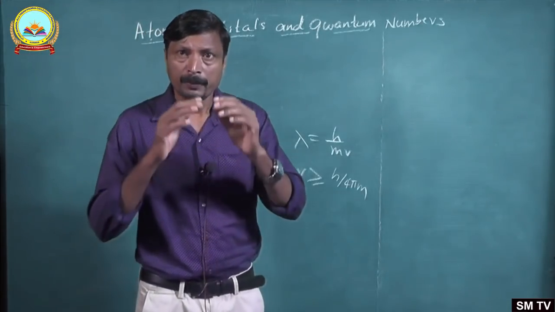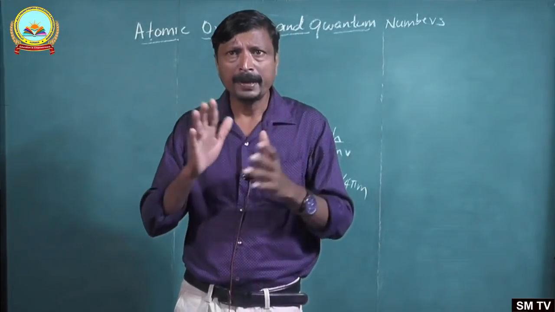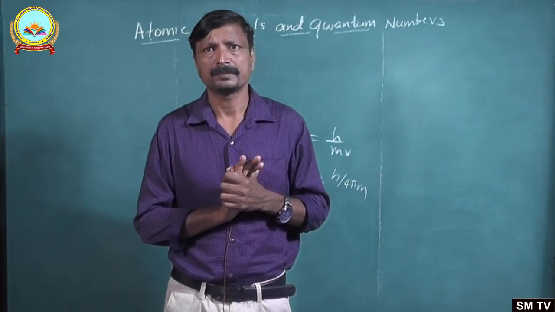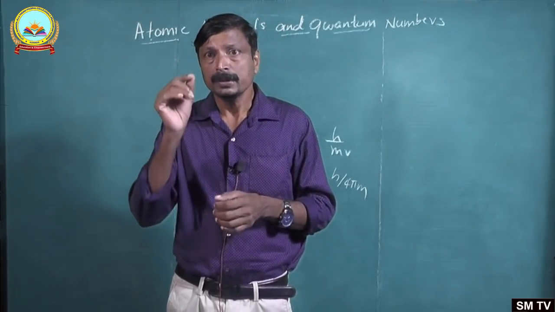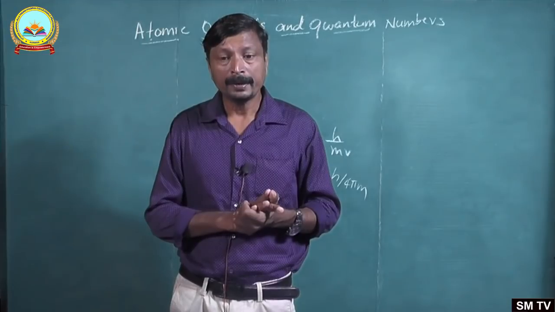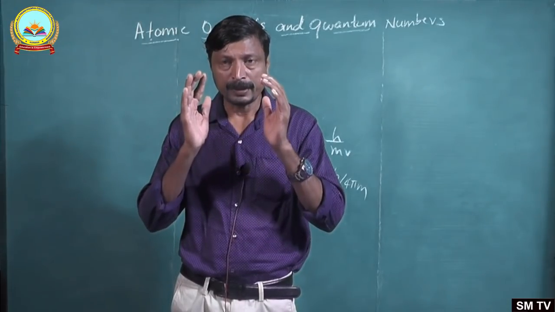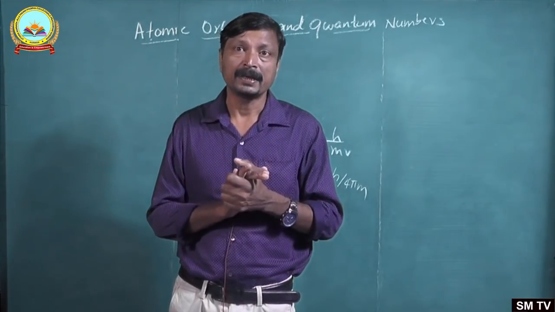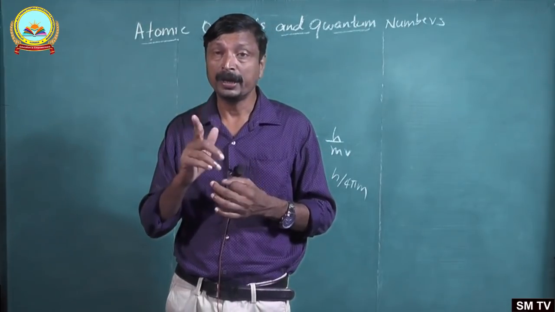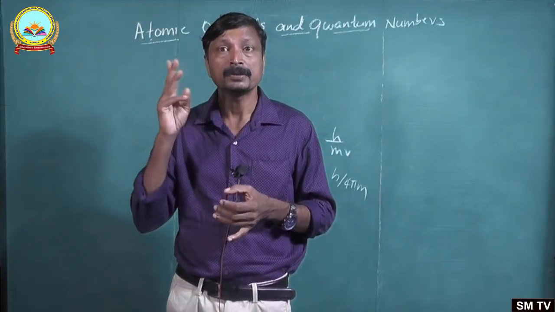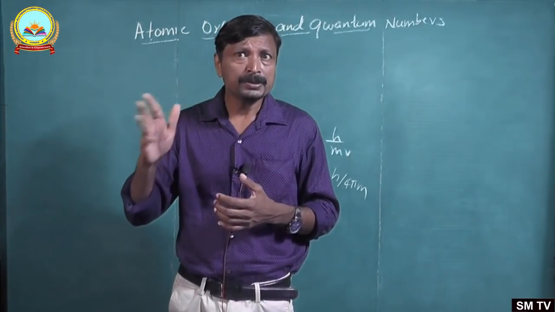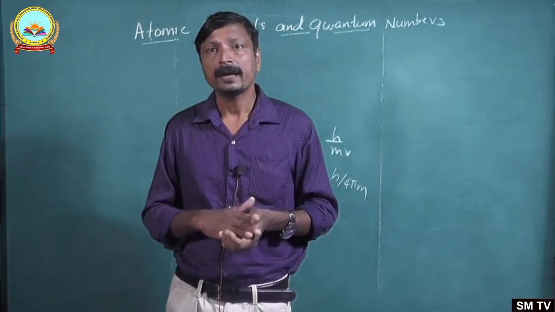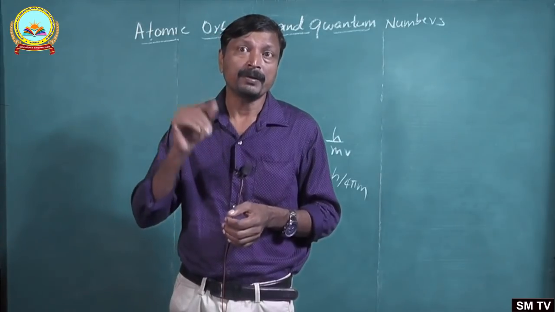Around the nucleus there are various atomic orbitals, and they have corresponding wave functions also. How do these atomic orbitals differ? They differ in size and energy, in shape, and in orientation. All these atomic orbitals are characterized by three quantum numbers.